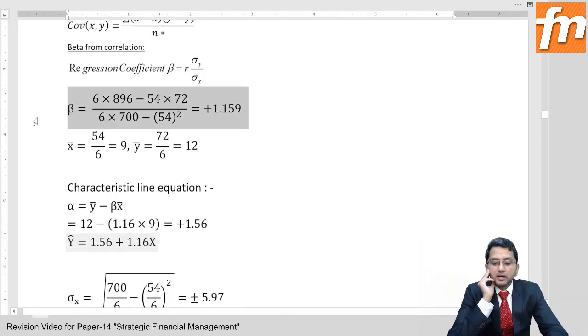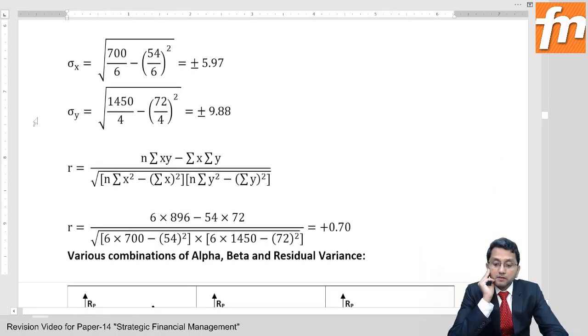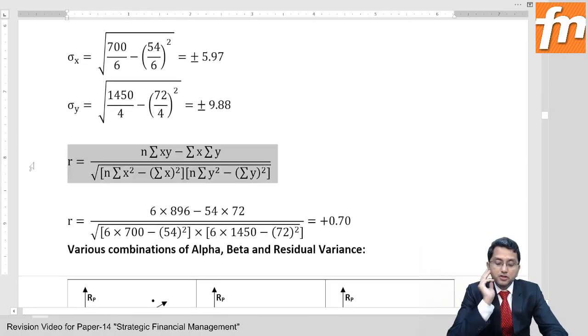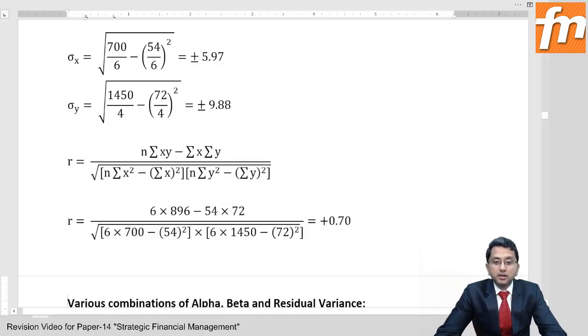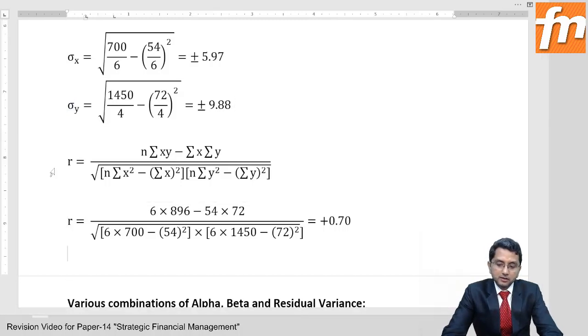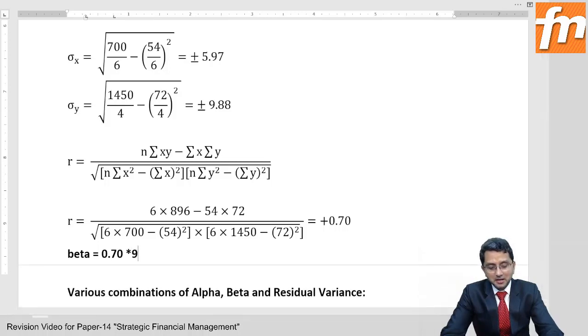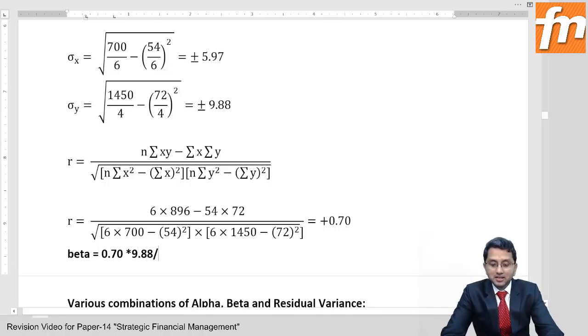Instead of calculating beta directly from the data, you can first calculate the correlation coefficient, and then you can use that correlation coefficient to calculate beta. That will also give you the same answer. Look here. Beta is equal to correlation, which is 0.70, multiplied by standard deviation of y, which is 9.88, divided by standard deviation of x, which is 5.97.